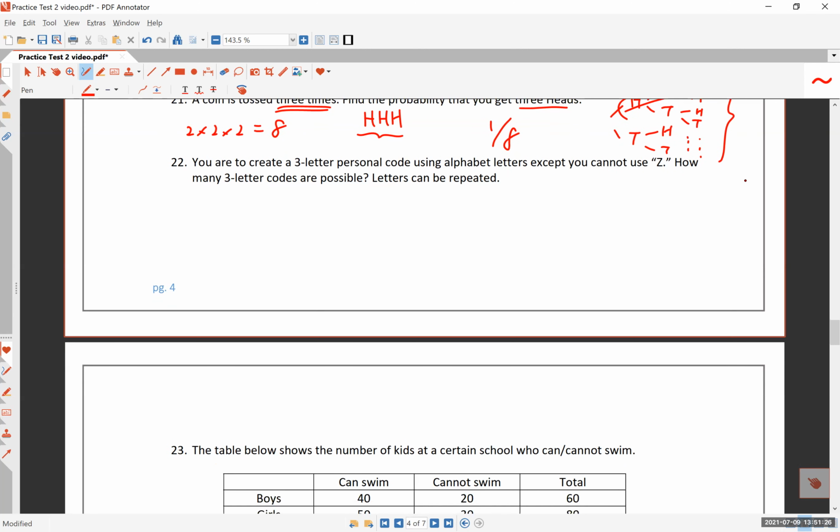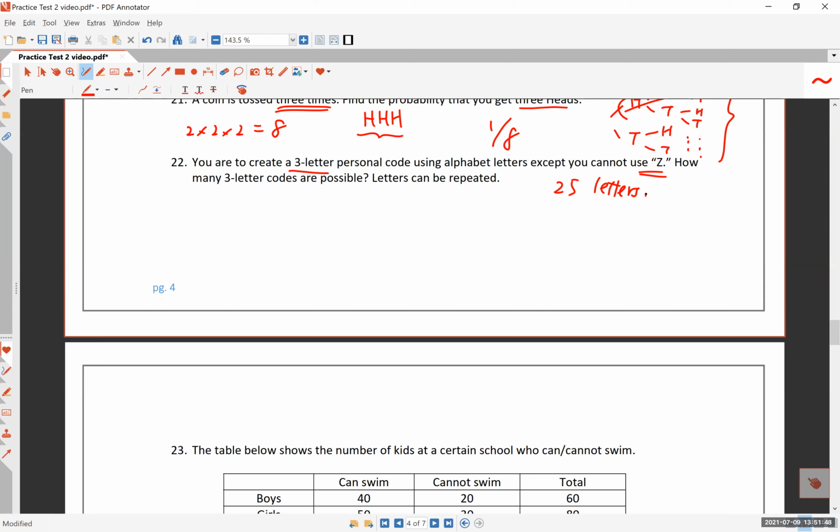Number 22, you are to come up with a 3-letter code using alphabet letters, except you can't use Z. So that means you have 26 minus 1, 25 available letters, and you are to use 3 of them.